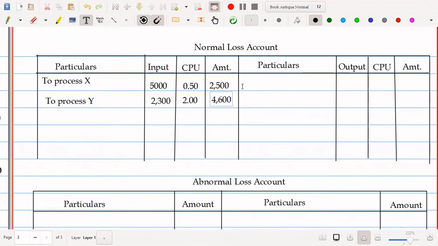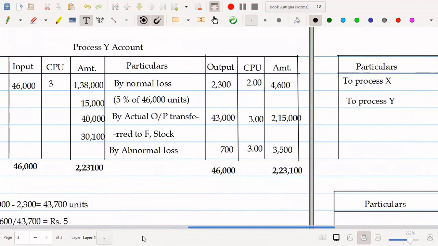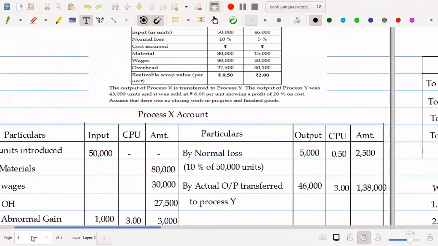Now we have to recover these amounts. Since it is scrap, we have sold it for scrap by sale of process X units. So we have sold it, that is 5,000. There is a small adjustment you can see here in process X. The normal loss is 5,000, but there is a gain of 1,000.